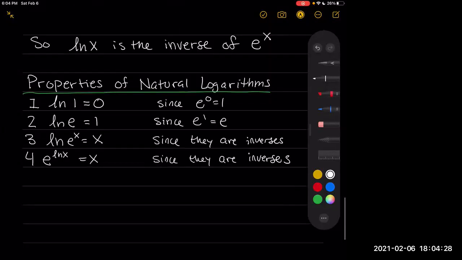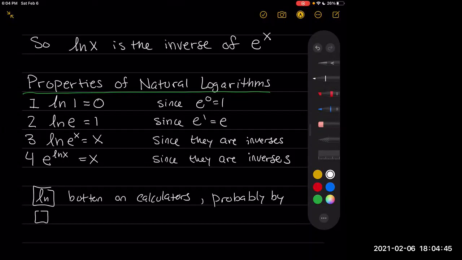And on calculators, there should be a little ln button, and it's probably by your E button.